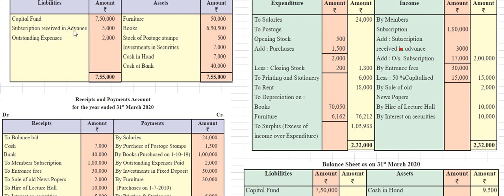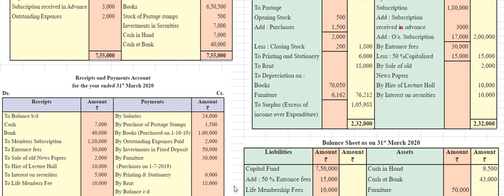So subscription received in advance, that is 3,000 rupees. That we need to deduct from the member subscription, that is 3,000 rupees. Add outstanding subscription, it is 17,000 rupees. So the total amount is 2,000 rupees.